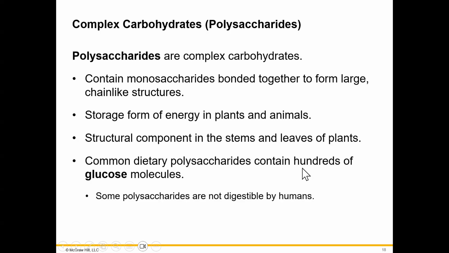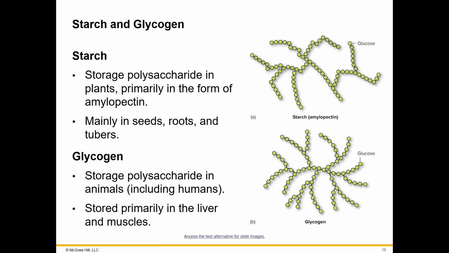They are multiple monosaccharides bonded together. So here's an example. Your polysaccharides are eaten in the form of starch. These are your plant seeds, your roots, your tubers.